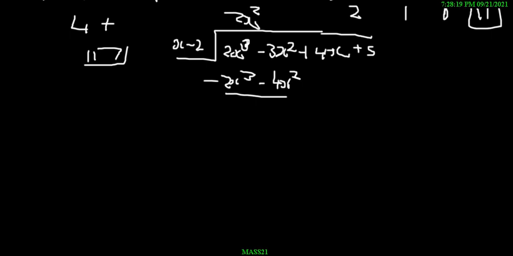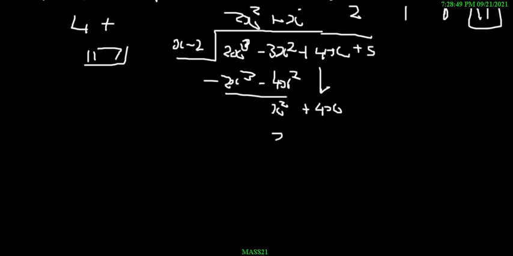When we subtract, it's going to be 0. This goes to x to the power 2, and the 4x drops. When we say x into x squared, that's x.